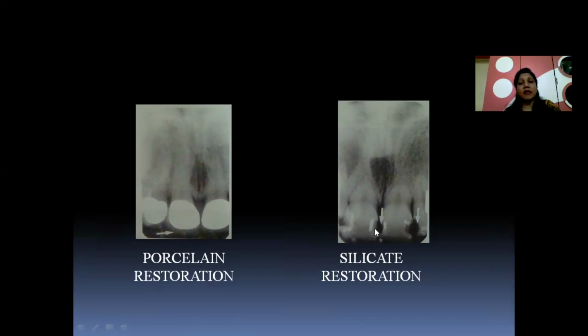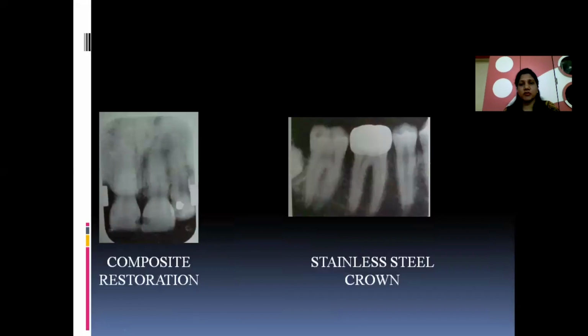Here you should have the history of any cement restoration. Here there is a cavity preparation you can see, so you can think that this is not caries but rather a restoration, and this was a composite restoration. Composite restoration appears as a radiolucency.